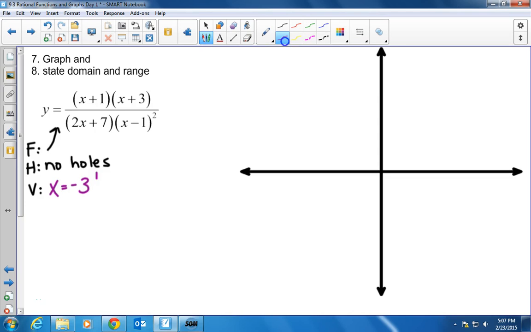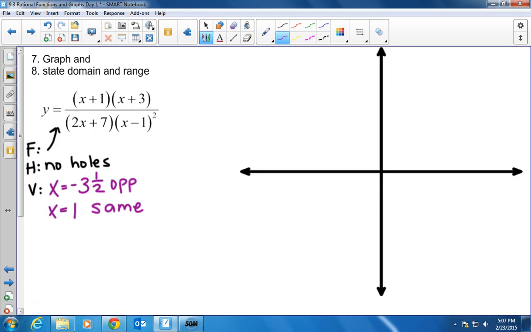And remember that negative 3.5 had behavior that was opposite. But that's not the only vertical asymptote we had. We also had x equals 1, and that was the same behavior.